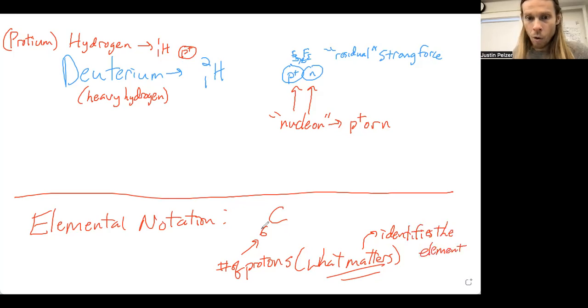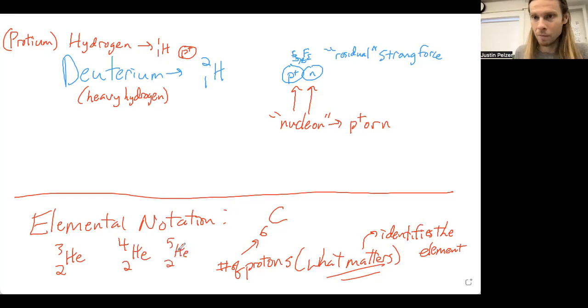So always, if you have 6 here, you have a C here. It's carbon. If you have one proton, you have hydrogen. If you have 2 protons, you have helium. But this can change. I could have 1 neutron and 2 protons, 2 neutrons and 2 protons, or 3 neutrons and 2 protons, and those are all helium.